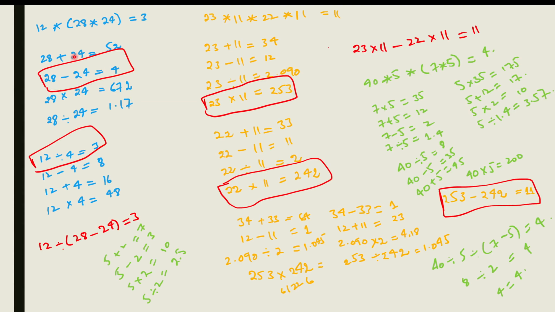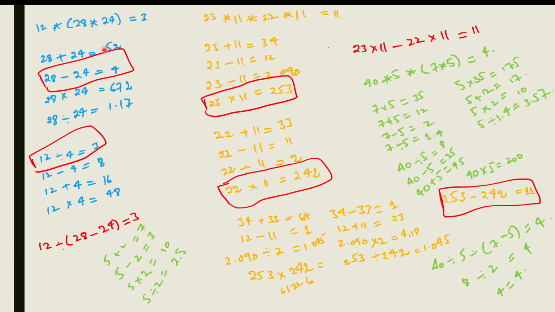The possible operations inside the parentheses can be 28 plus 24, 28 minus 24, 28 multiplied by 24, and 28 divided by 24. If we do plus, we get 52. If we do subtraction, we get 4. If we do multiplication, we get 672. And if we do division, we get a decimal value, not a whole number.